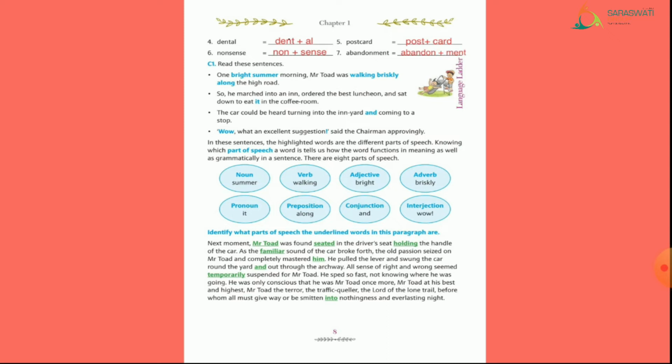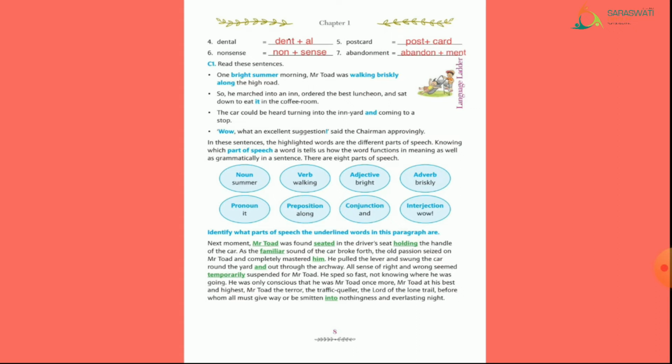Toad is a noun. Okay. If we go in the subtype, then it is a proper noun. We can say as noun. Okay. Widely noun. And then next is seated. Seated is a verb. Okay. That is action word. So verb. Number 3, holding is verb. Number 4, familiar is adjective.